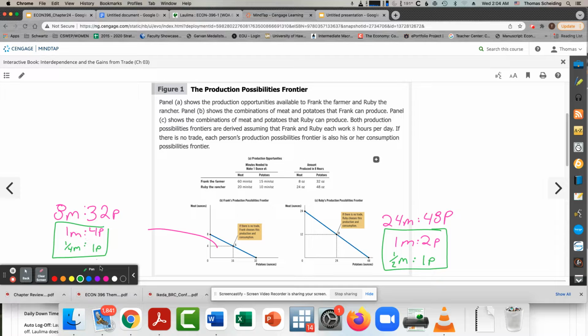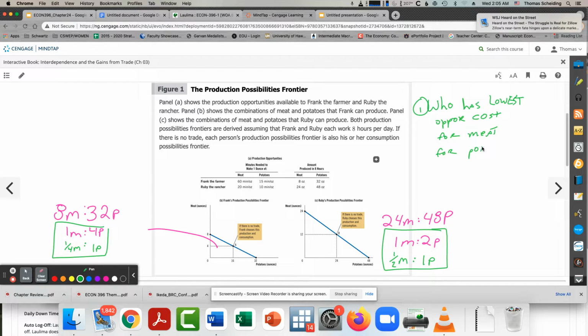Okay, now here's the question. Who has the lowest opportunity cost for meat? And then who has the lowest opportunity cost for potatoes? For meat, who makes meat the cheapest?